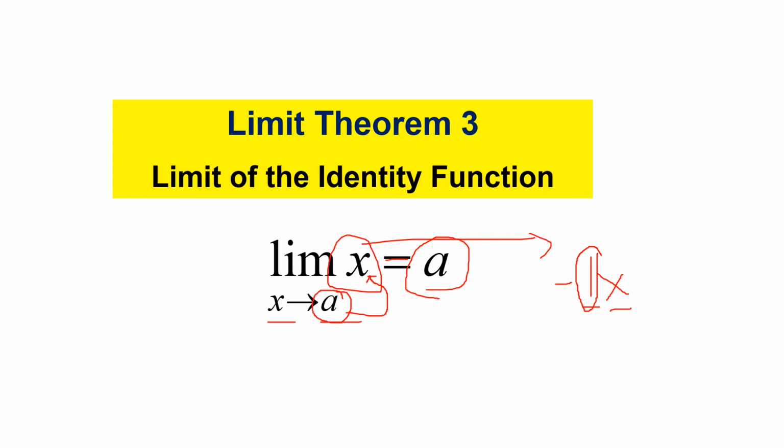Since the limit of x when x approaches a is equal to a, we need to take note of this, because it will happen if and only if your numerical coefficient here is equal to 1. If not equal to 1, then this is not a. It's more than a, or it could be less than a. It happened because your numerical coefficient here is equal to 1.